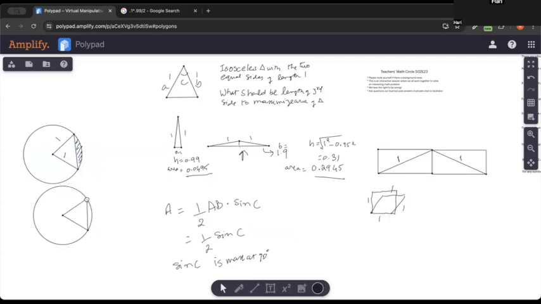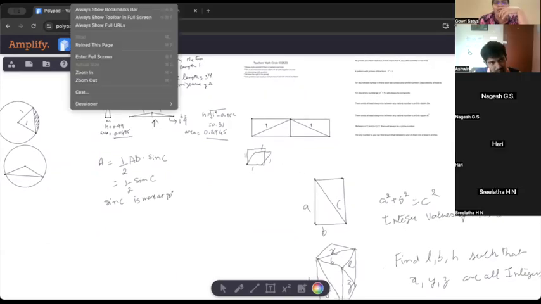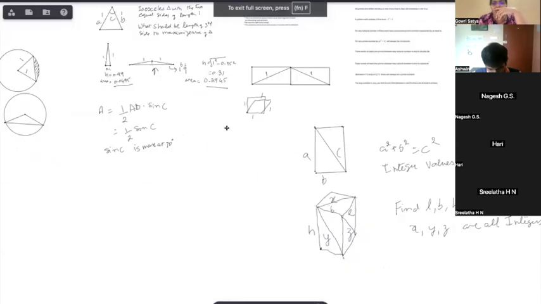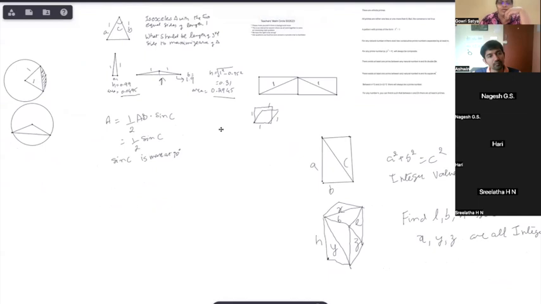I was actually playing around with isosceles triangles a little bit. I cut the isosceles triangle in between and drew a perpendicular. Interestingly, for an isosceles triangle, the perpendicular also happens to be a bisector.